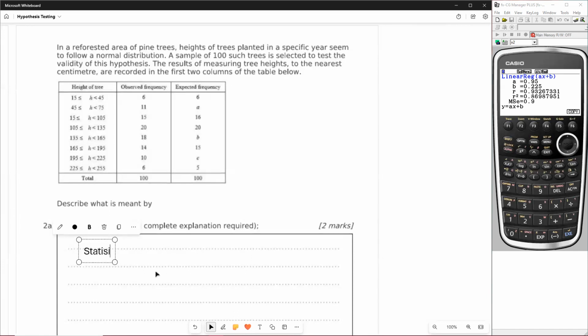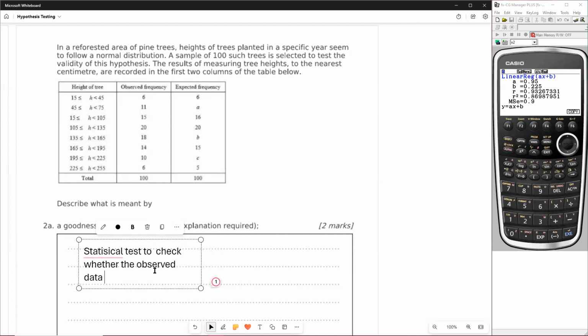It's a statistical test to check whether the observed values or data corresponds with the expected data from a given model.